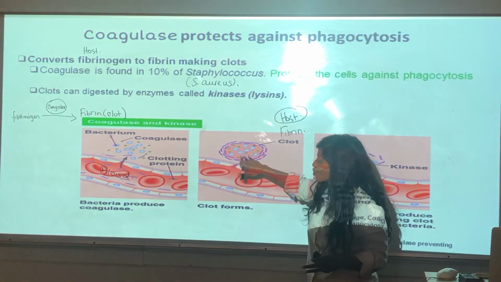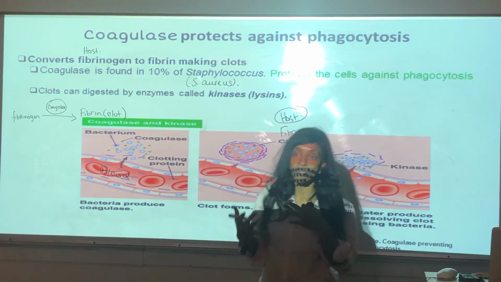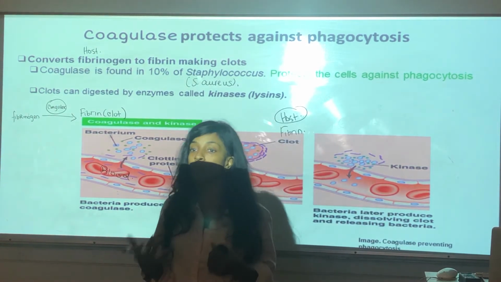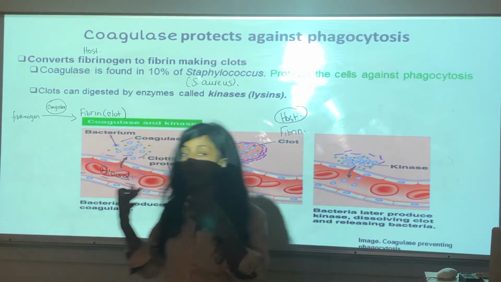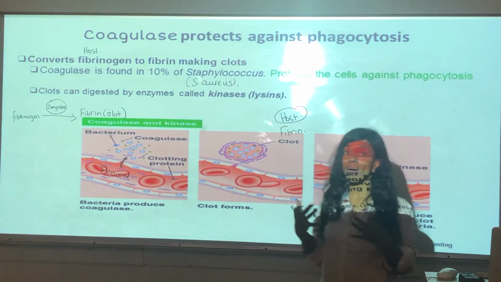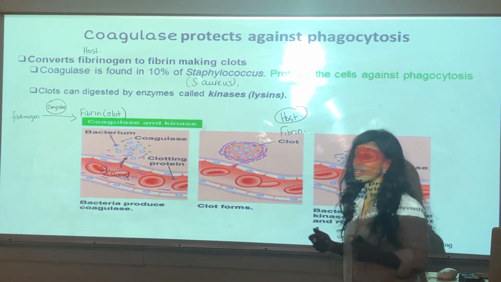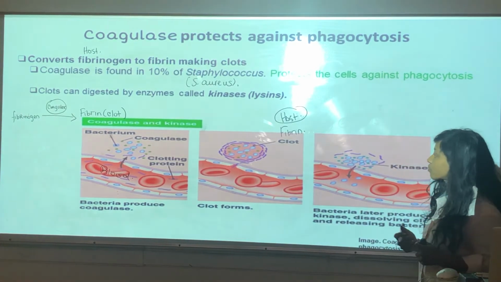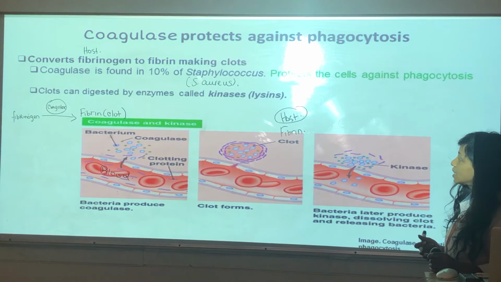While the bacteria are inside that clot, they will divide and grow in high numbers. And when they are released from the clot, they will come out in large numbers and they will cause greater damage to the body.